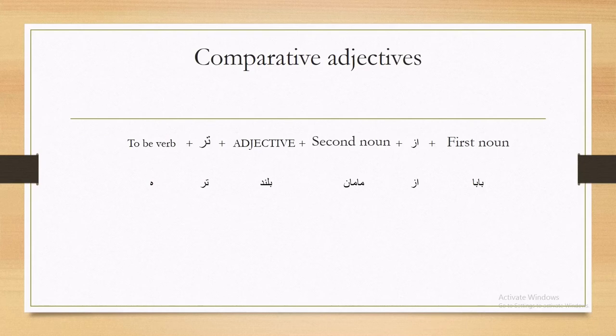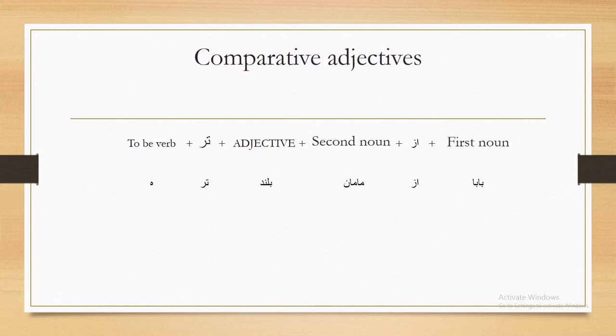Baba, which means father, as, which means than, maman, which means mom, بلند, which means long or tall, then tar, and then to be verb, he, which means is, as we say he is John. بابا از مامان بلندتره. Father is taller than mom.